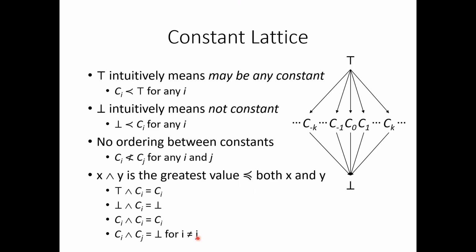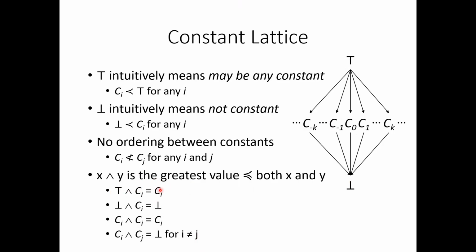It's useful because when we have a phi function that has multiple operands, and these operands somehow meet at the phi function, then when something that is a specific constant meets something that can be any constant, the outcome is going to be the specific constant.